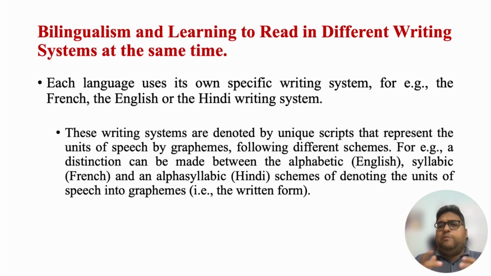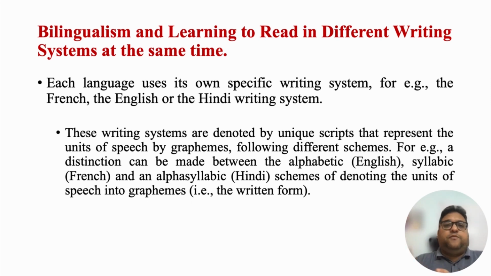For example, you can make a distinction between an alphabetic writing system, wherein the letters or alphabets of English represent singular phonemes; a syllabic writing system, for example the one followed in French, where the units represent syllables; and an alpha-syllabic writing system, which is used in Hindi, which codes the units of speech into graphemes that represent syllabic units used as letters.